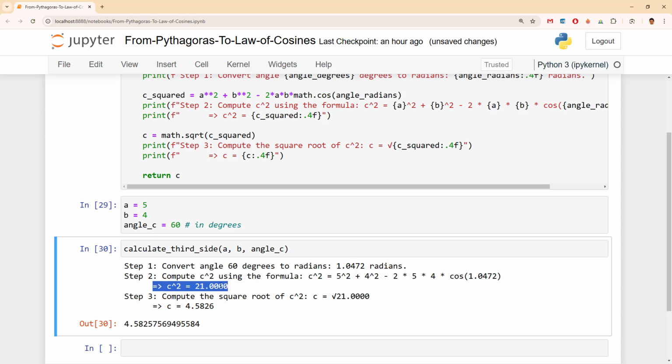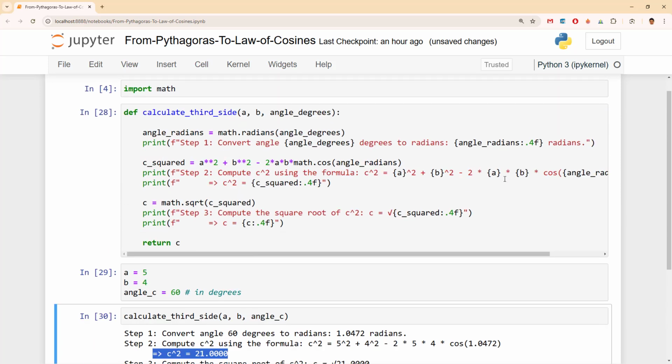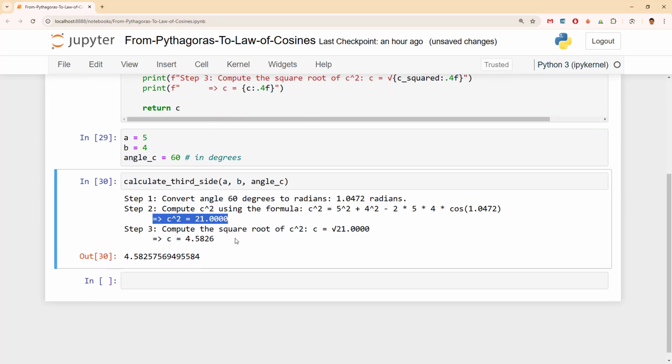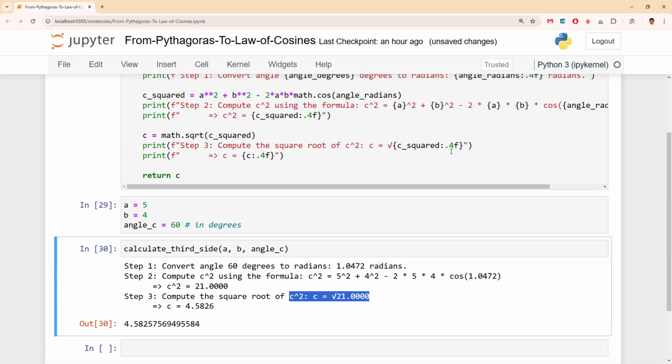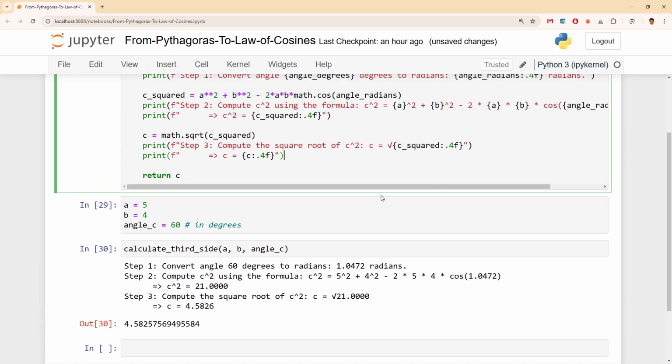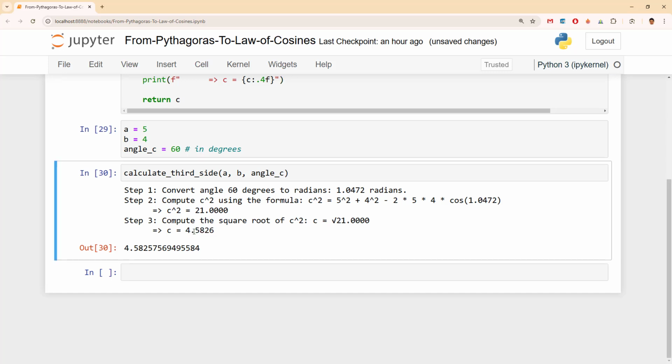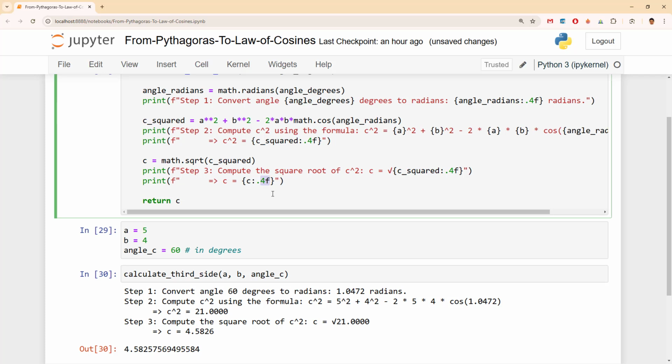And the result is this one. Yeah, it's fair enough. Step 3, compute square root of c squared. C of 21, and the answer is 4.5826. We can make it up to 1 digit.